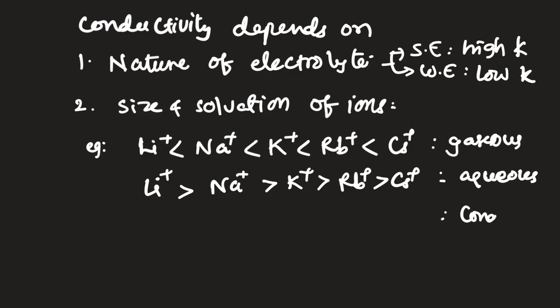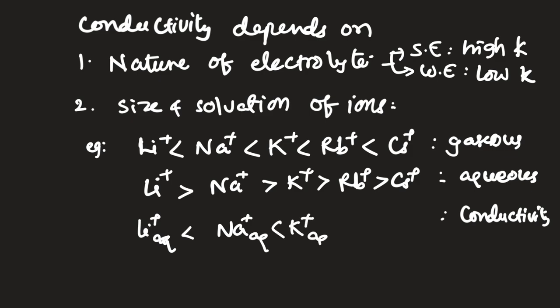Therefore, conductivity order: smaller ion moves faster. Therefore, Li+ aqueous has lower conductivity than Na+ aqueous, K+ aqueous, Rb+ aqueous, and Cs+ aqueous. Reason: in aqueous solution solvation increases for smaller ion, that's why it becomes larger size.